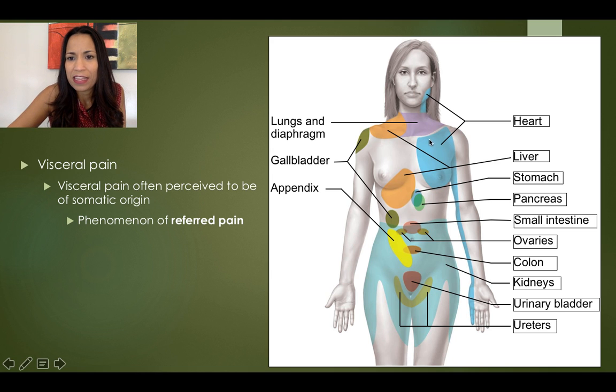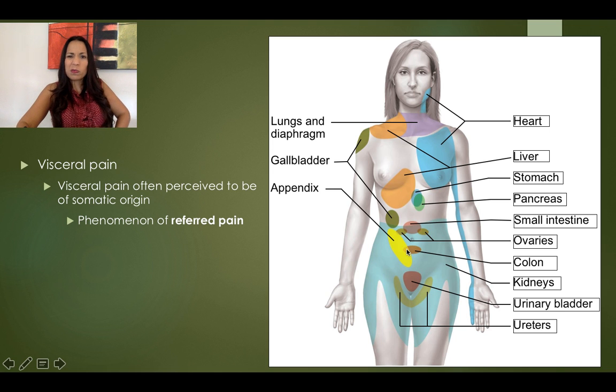So here in blue is where some heart conditions are felt sometimes. Here's where you feel the somatic pain of affections of your gallbladder or liver. Appendix, something very common at your age. Well, I'm assuming you're young. Your appendix hurts right here at the beginning.